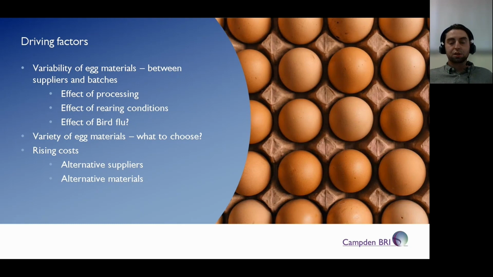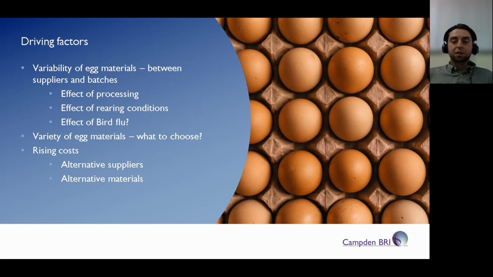Now, some egg materials do give some parameters, such as high gel egg white powder or high whip egg white powder. And that can be useful to those manufacturers, but if you want to compare one supplier of high gel egg powder to another supplier of high gel, how are they measuring it?